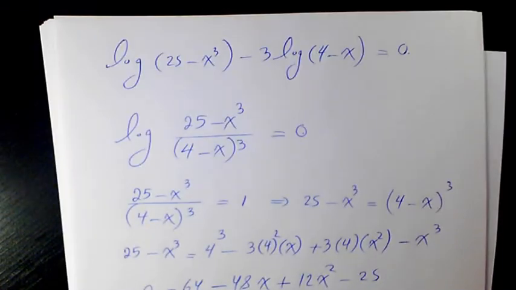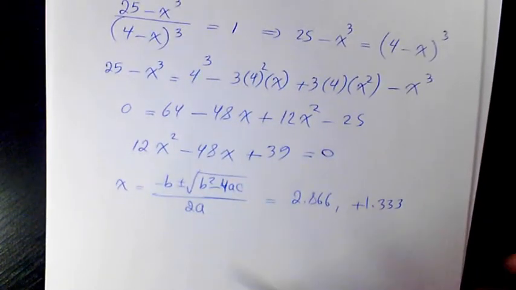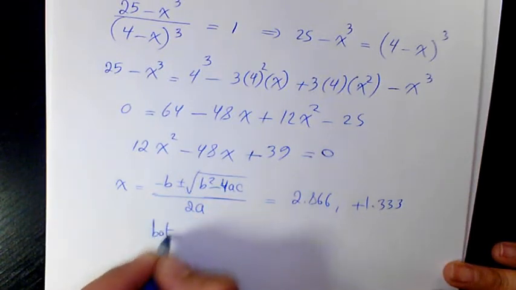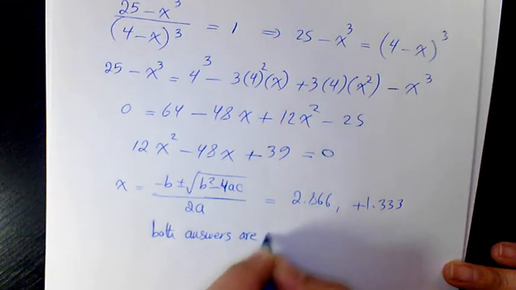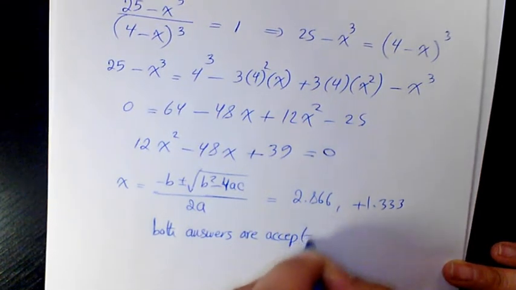Now let's see which one is acceptable. In this case, 2.866 to the power of 3. Both of them are going to give you a positive number, so both answers are acceptable.